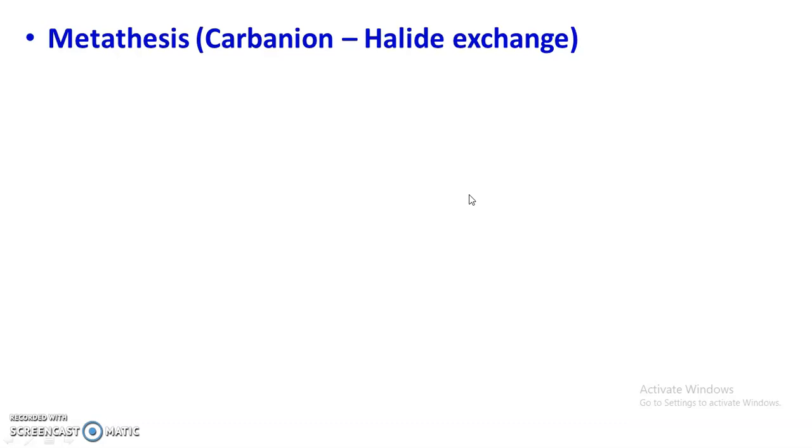The group 13 elements are the boron family, group 14 the carbon family, and group 15 the nitrogen family.